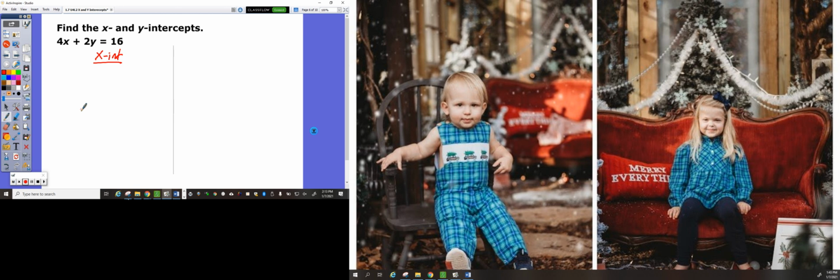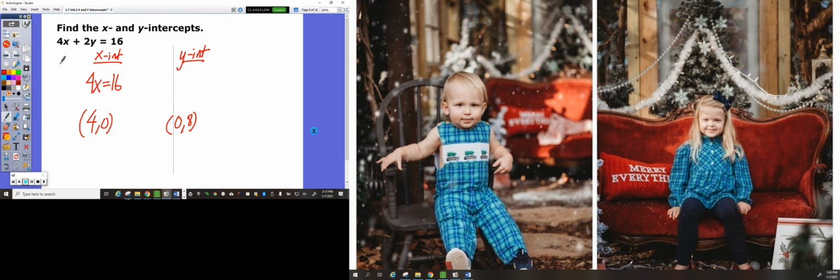I got 5, 0. Close. For x, we have 4x equals 16, so x is 4. So we have 4, 0. Okay? Leo, what's the y-intercept? 0, 8.